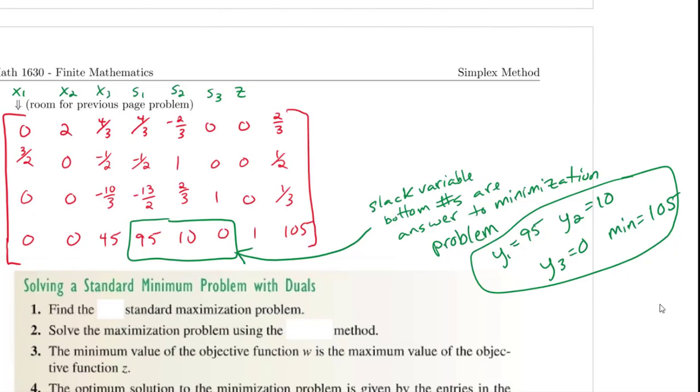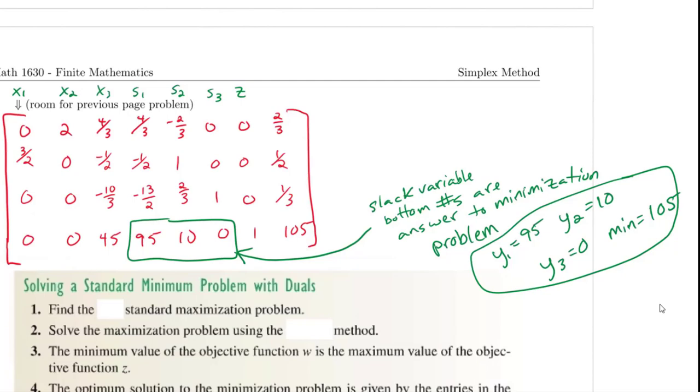So it definitely sounds a little bit more confusing, but you're basically just doing the simplex method again with a little extra transpose step at the very beginning of the problem. So that's how you end up solving the minimization problems.